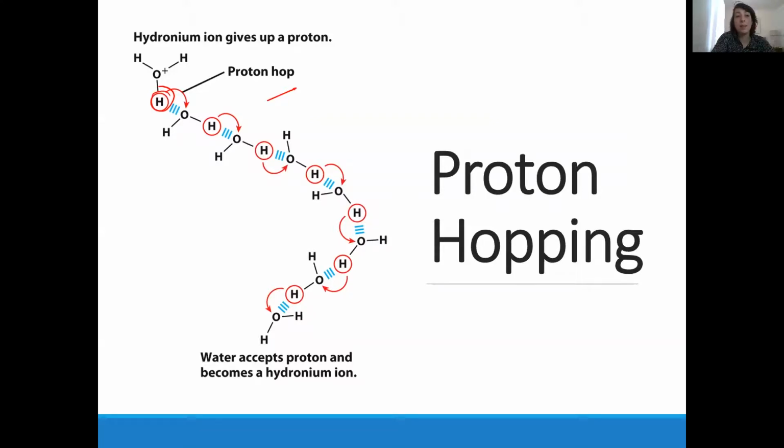This can then quickly become a covalent bond, moving on to the water, and that process just continues to occur. This is again called proton hopping and allows for very rapid movement of protons from one area of water to another.